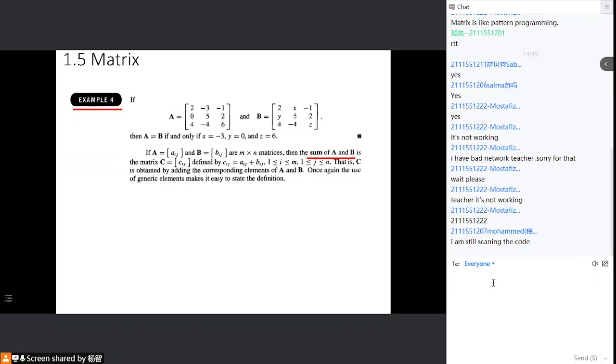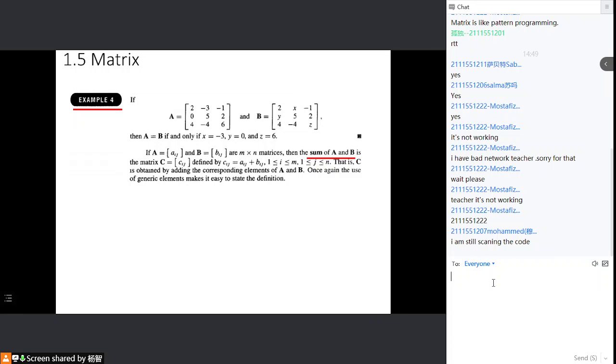Look at example 4. If you say that two matrices are equal, it means every element in the corresponding location is equal. Every element in the corresponding location of these two matrices is equal.